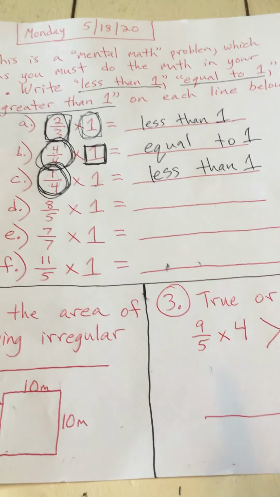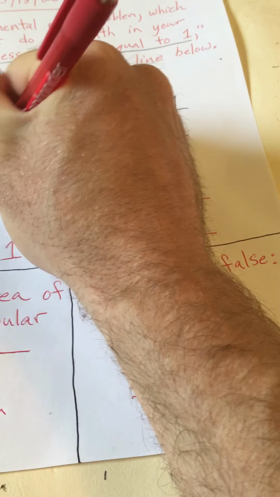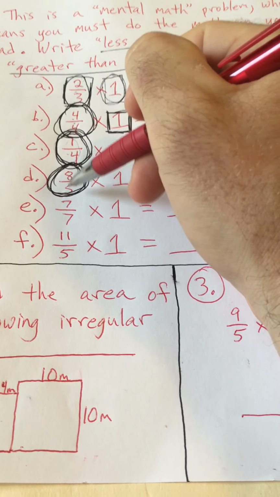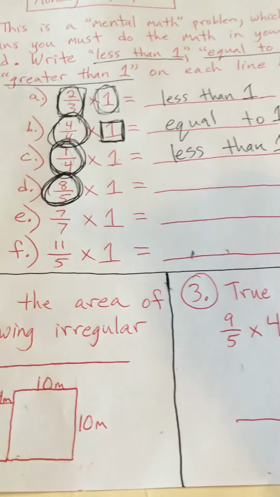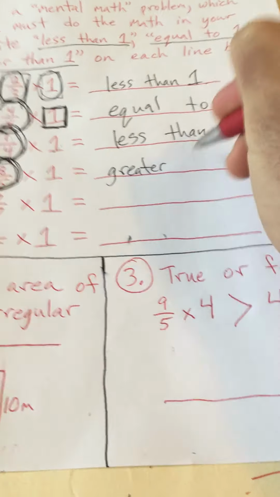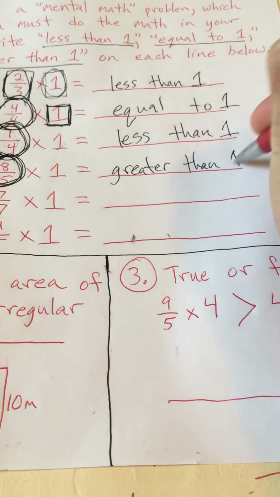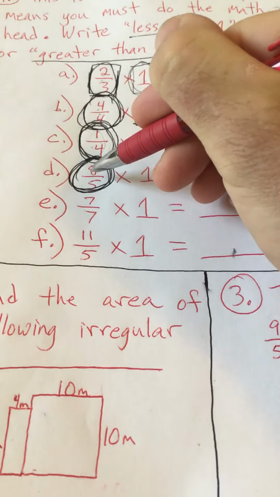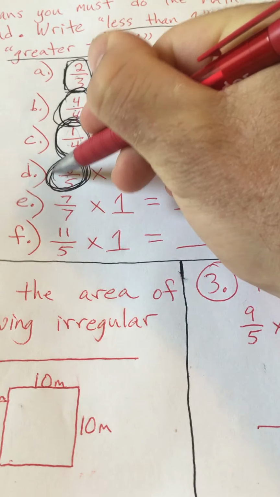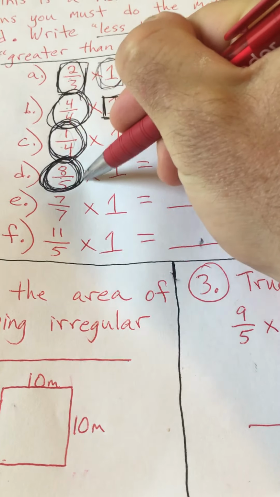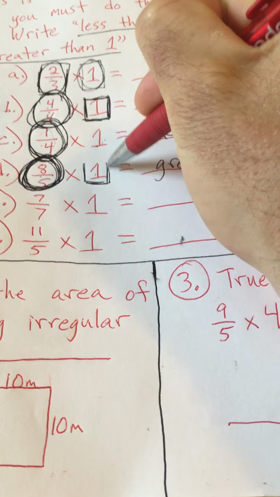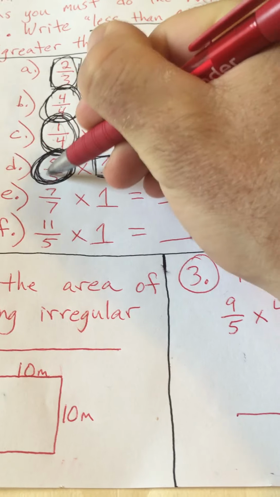D, 8/5 times 1. Now, 8/5 is greater than 1 because 5/5 is equal to 1. So if we have 8/5 one time, it's going to be greater than 1. You have to look at the factors when you're multiplying a fraction times a whole number. This fraction is greater than 1, so no matter what, when you multiply it times a whole number, that whole number is going to get bigger because you're multiplying it by more than 1.